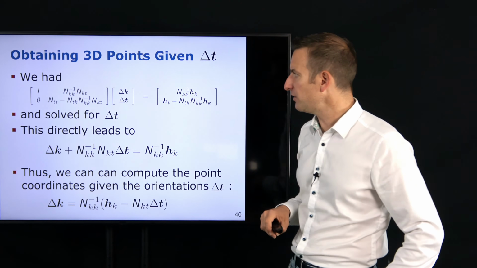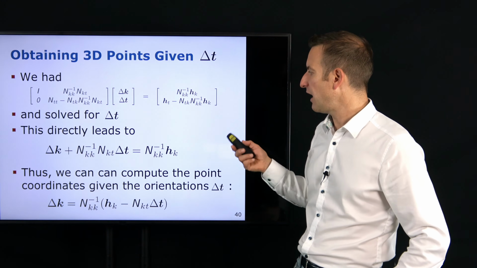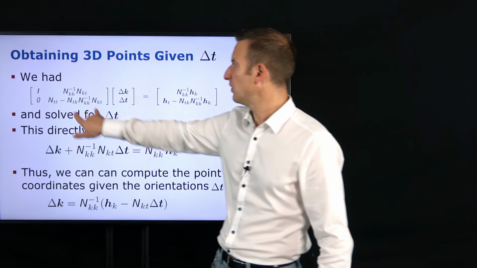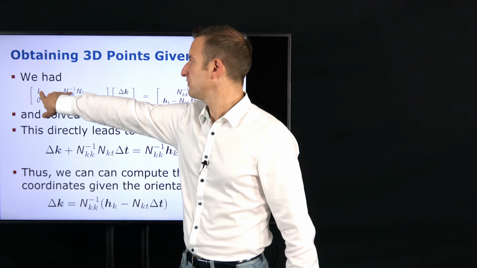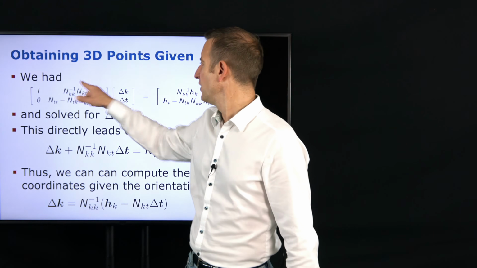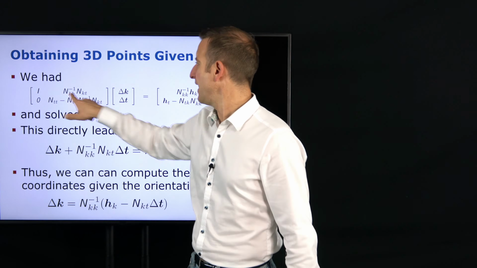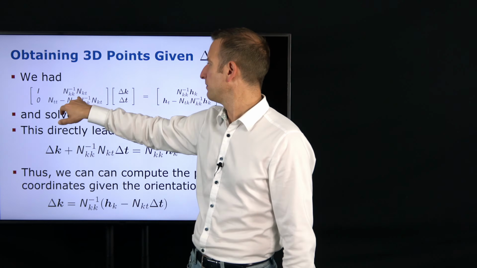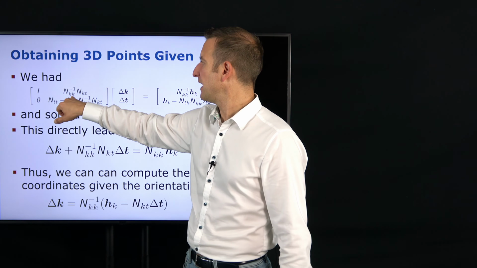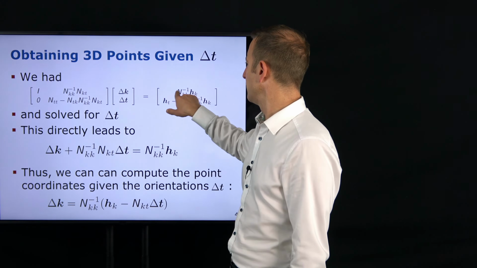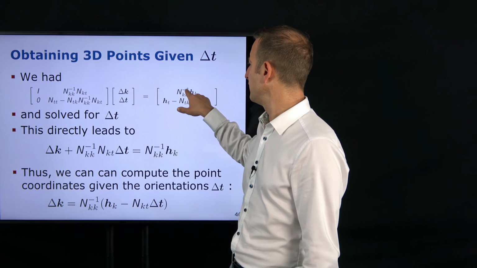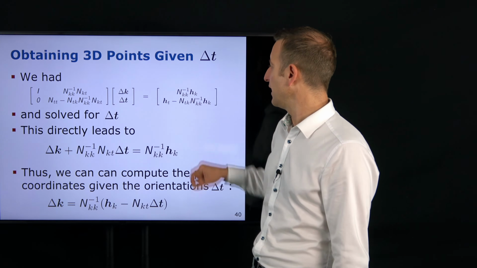solve for the first part and directly exploit that we know delta t. So we take this, we multiply this vector here, or this matrix, with this vector. So I times delta k minus NKK inverse NKT delta t gives me this part of the equation, NKK inverse hk.